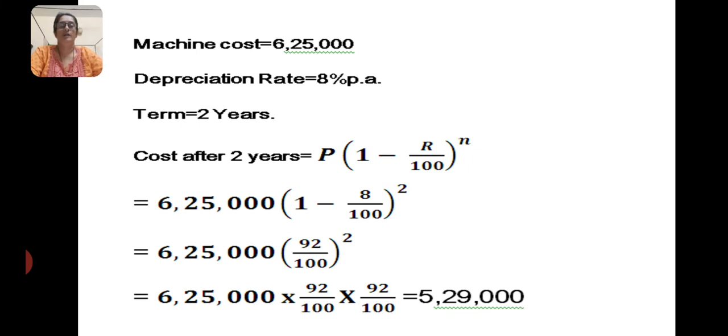When you subtract, 1 minus 8 upon 100, that gives you 92 upon 100. The term is 2 years, so you have to multiply it 2 times, 92 upon 100, 92 upon 100. So the value is 5,29,000. So whatever machine was bought for 6 lakhs 25,000, after 2 years the value is decreased to 5 lakhs 29,000.